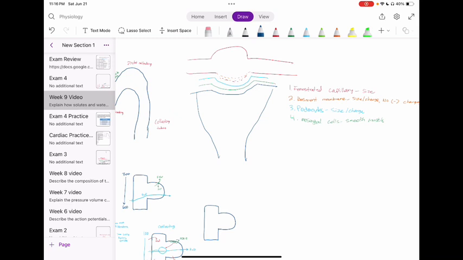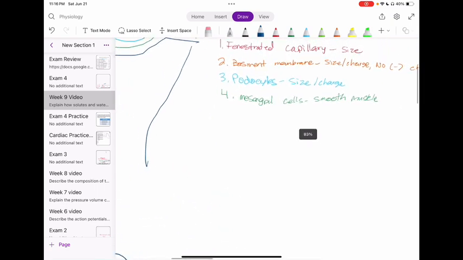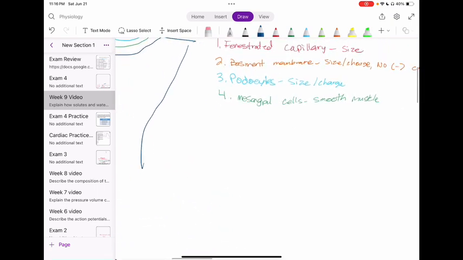And so now we're going to talk about, so we talked about this adenosine and nitric oxide before. So we have something called GFR.